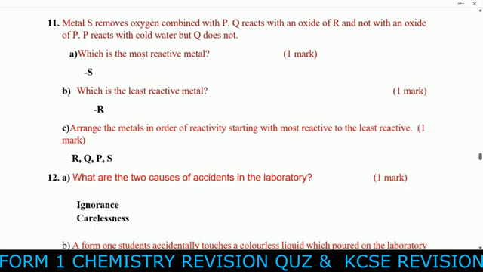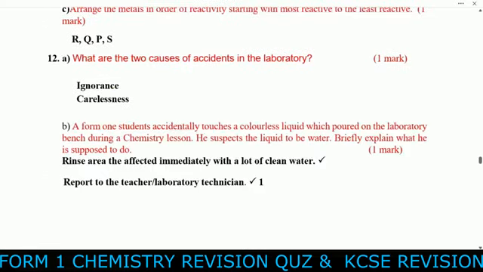What are the 2 causes of accidents in a laboratory? Number 1 is ignorance. Number 2 is carelessness. Next, you are told a Form 1 student accidentally touches a colorless liquid which was poured on the laboratory bench during a chemistry lesson.